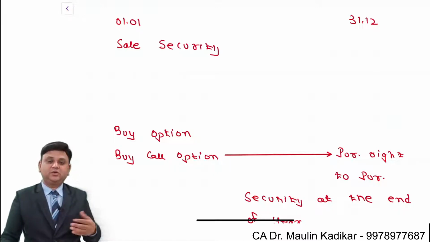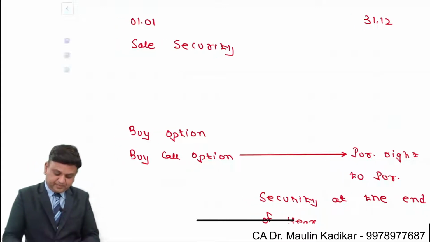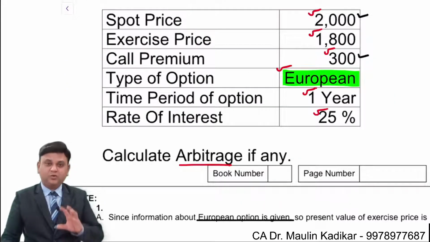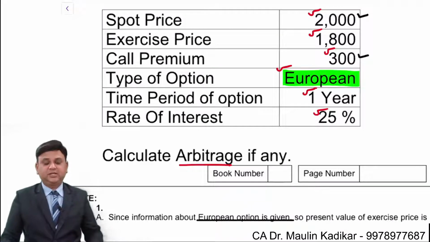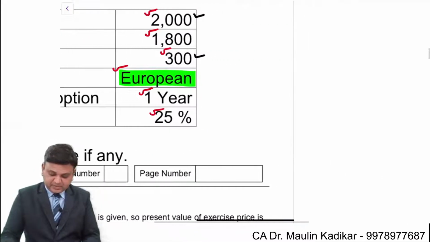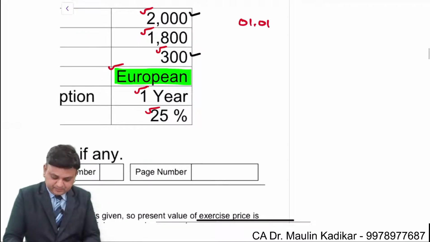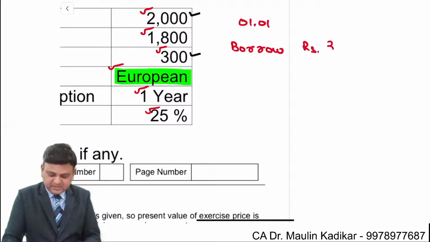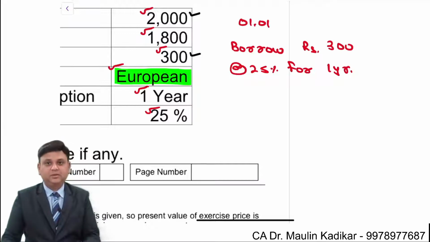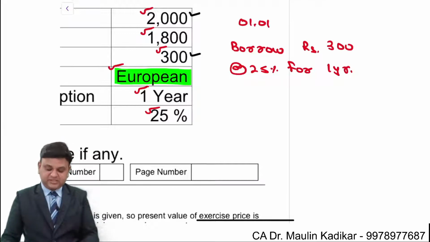Friends, we already have understood earlier that if at all you enter into the transaction of only purchasing of the security, that is you are purchasing the right only to buy the security, then in that case it may happen that you end up with the loss. Why? Because suppose today on 1st of January you borrow rupees 300 at the rate of 25% for 1 year. So you purchase right to purchase the security at the end of the year.